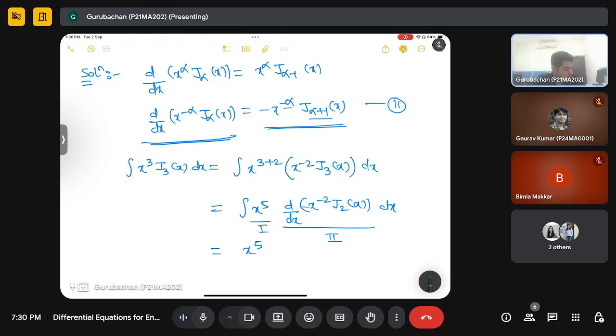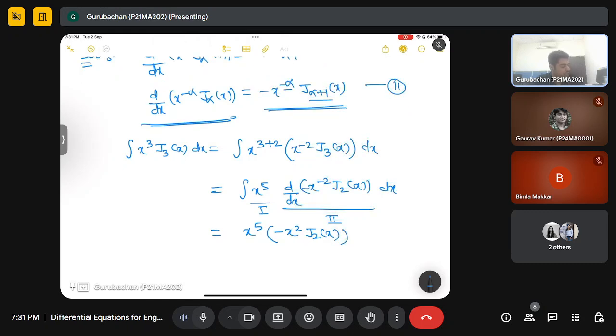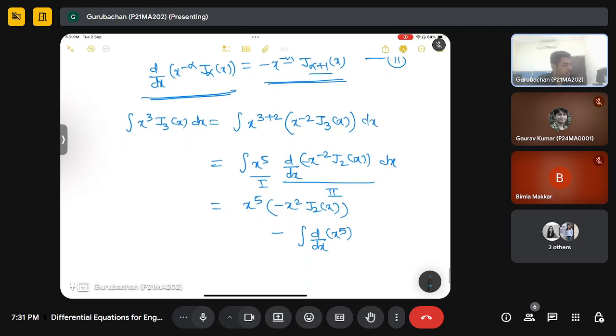So this will give you minus x square J2 x, with negative sign, integration of d by dx of x to the power 5, with this quantity minus x square J2 x.